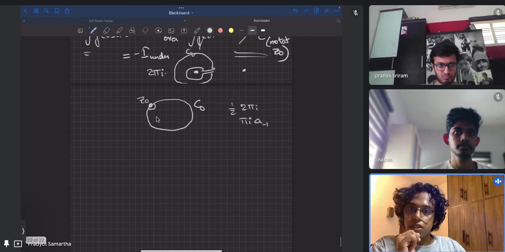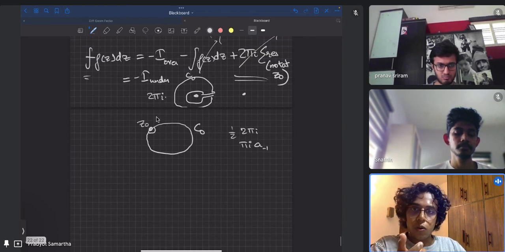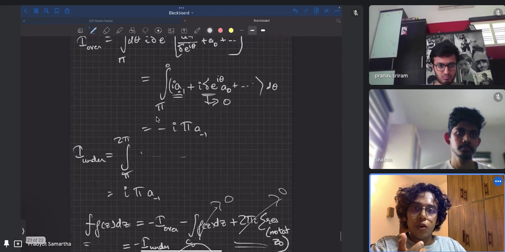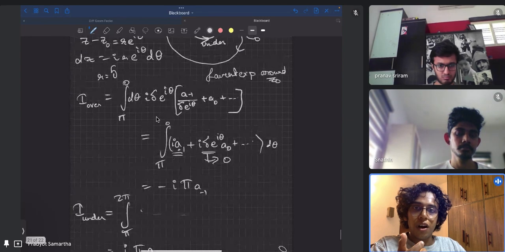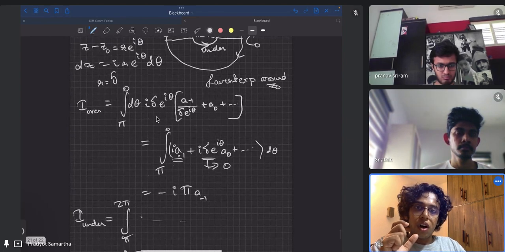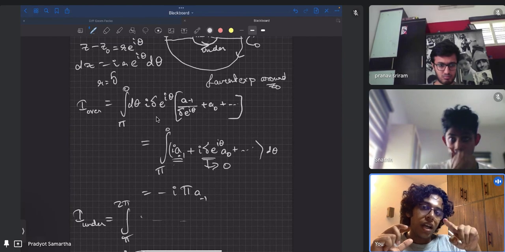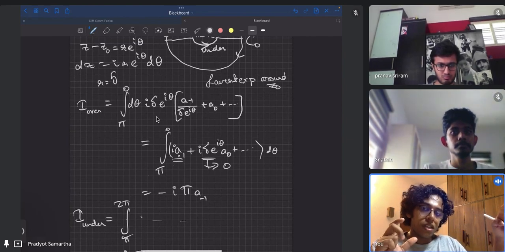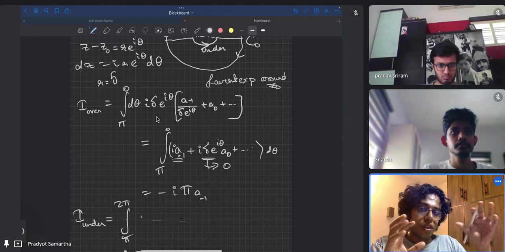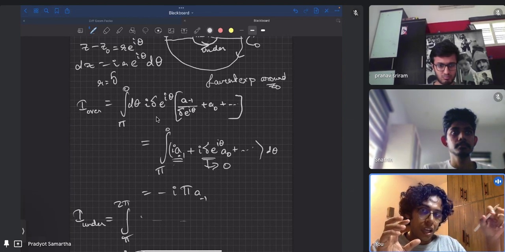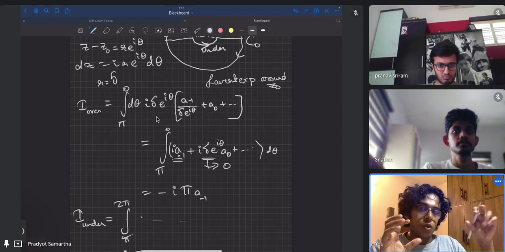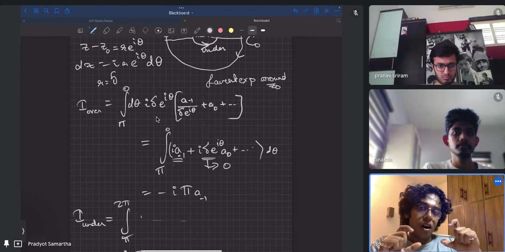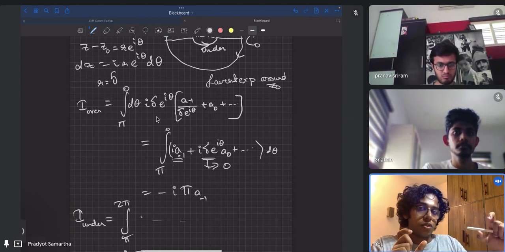So essentially when you do this, you will end up having i pi a minus 1 minus of minus i pi a minus 1. So it will all end up in minus i pi a minus 1 plus i pi a minus 1, because you are taking the other direction, right? So you will end up getting 2 pi i a minus 1.